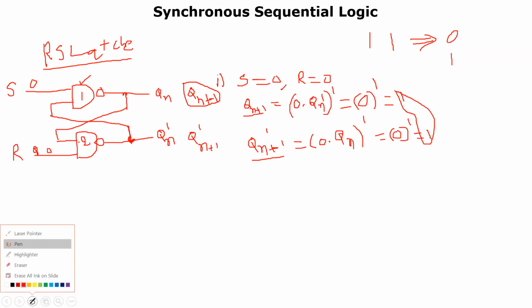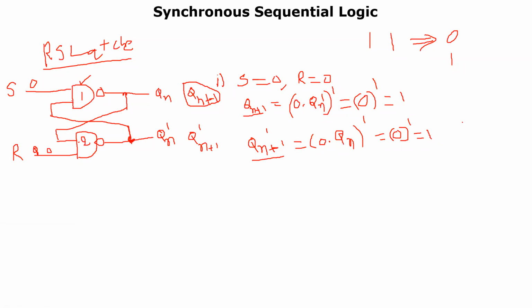Is it possible to think like that? It is not possible, because if you take one particular value in terms of min terms or max terms, let us consider x equal to 0, its complement value must be equal to 1. Otherwise, if x is equal to 1, then x complement must be equal to 0.